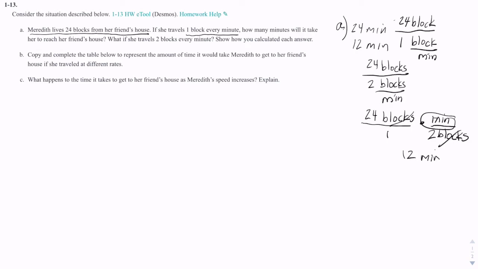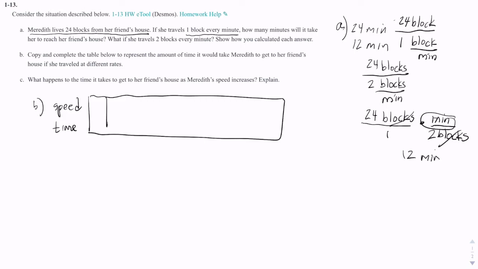Copy and complete the table below to represent the amount of time it would take Meredith to get to her friend's house if she traveled at different rates, right? So the table, this is B, is like speed and time to get there. I'm abbreviating a little. Let's just make a table here, and the speed is in blocks per minute.